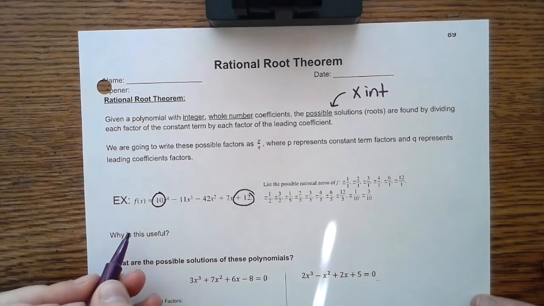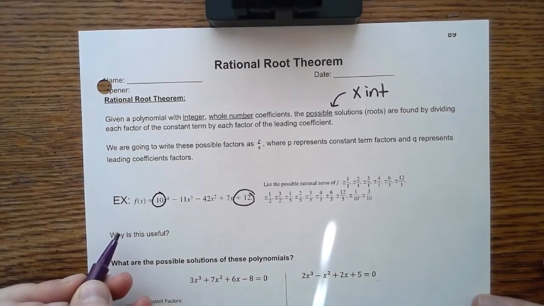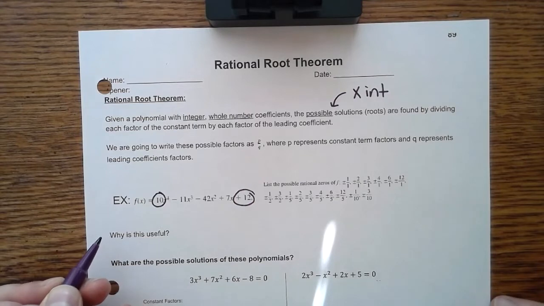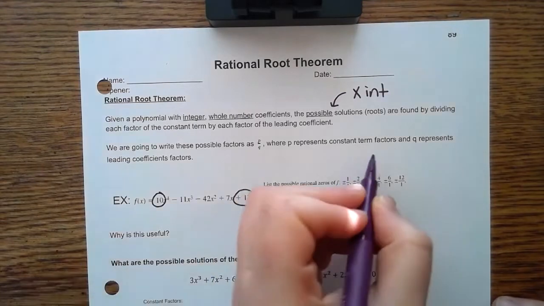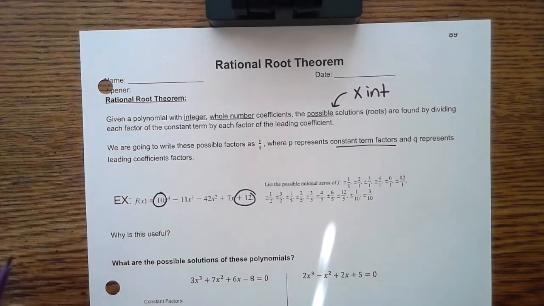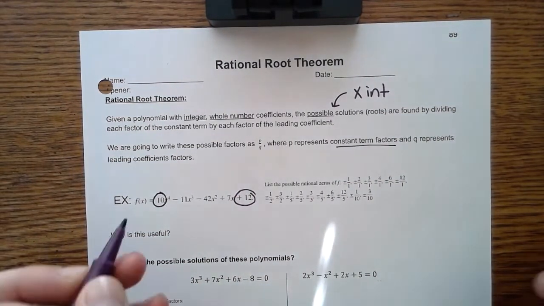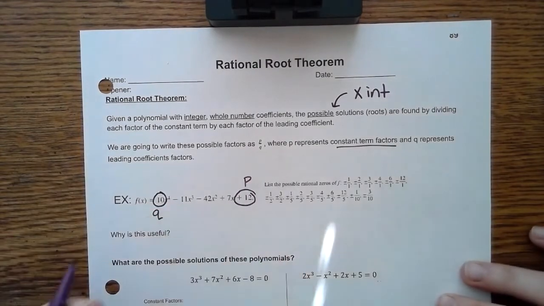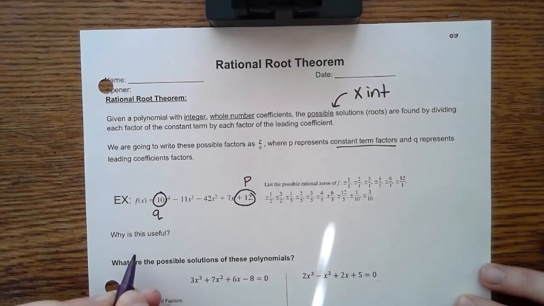So you list the factors of 10 and 12, and then you do P over Q. So you'll put the constant term factors divided by the leading coefficient factors. So this is Q and that's P. Why is this useful? If we're not provided a factor, we don't need one. We can just use the rational root theorem.